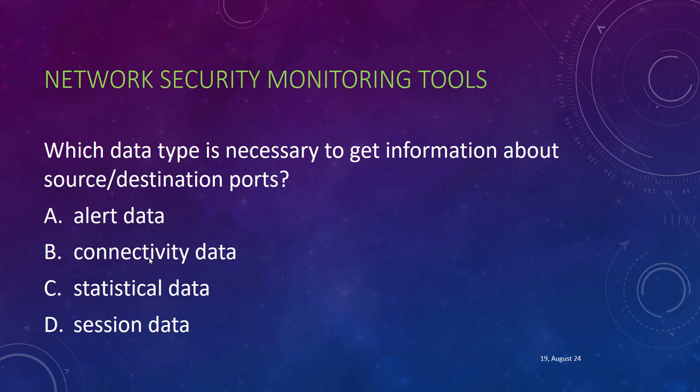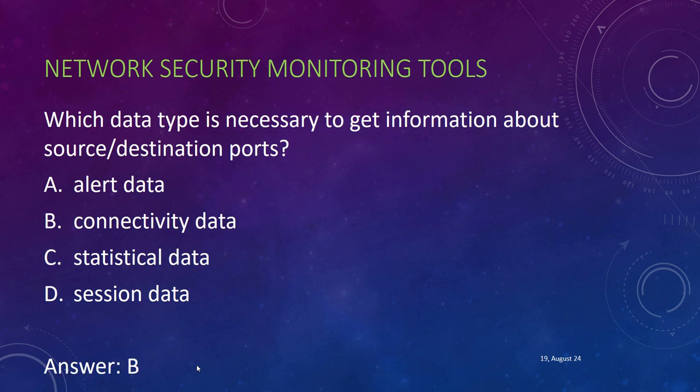Because that eth0 has to be the connectivity data that we captured. It's not statistic data, it's not session data. So we can go with option B. Okay, thank you.